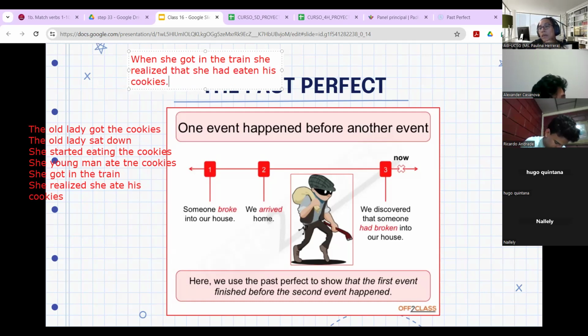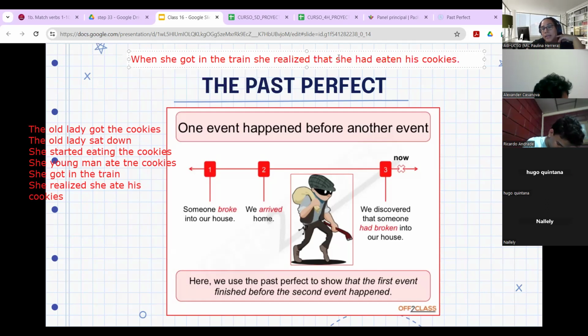Yeah? So when I read this sentence, I'm saying that this thing that happened in the past, she got in the train, happened, but before that, she ate the cookie. Yeah? So when I said she had eaten the cookies, I'm saying that this is the first action that happened in the past.